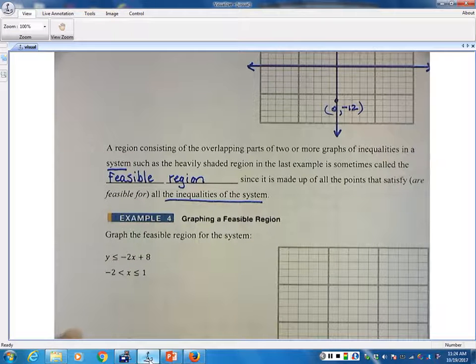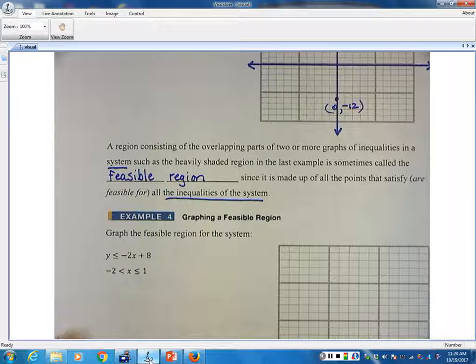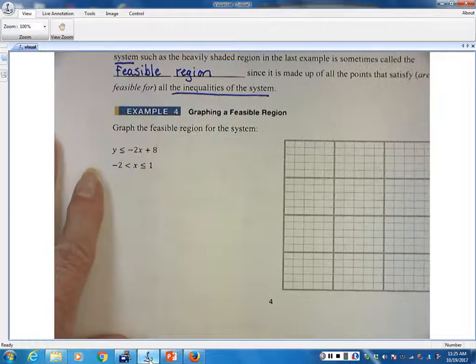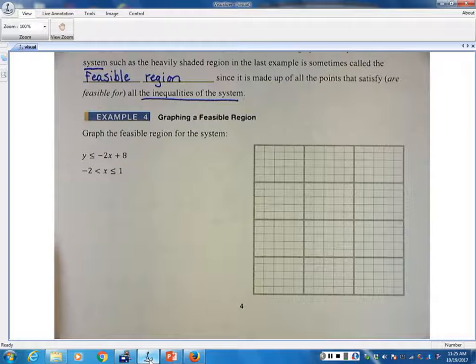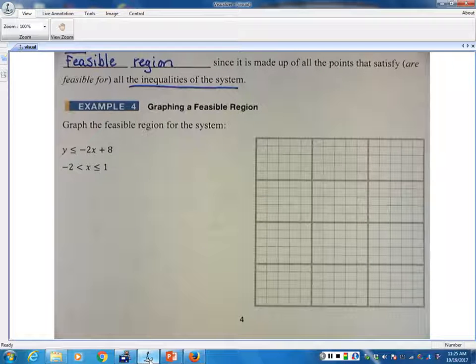So let's graph the feasible region for the next set of inequalities. Our set of inequalities is y is equal to or less than negative 2x plus 8.